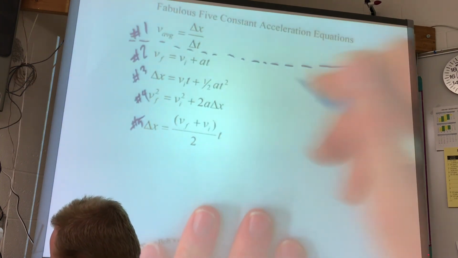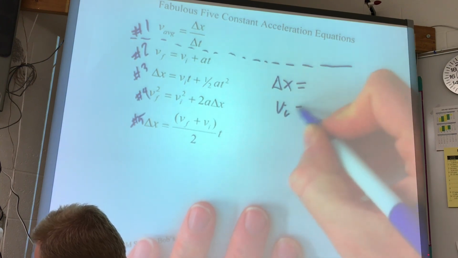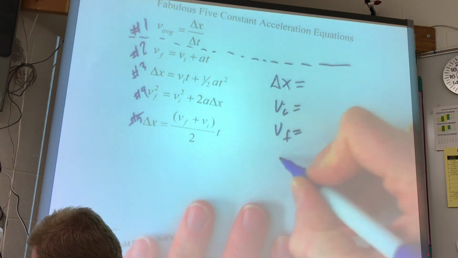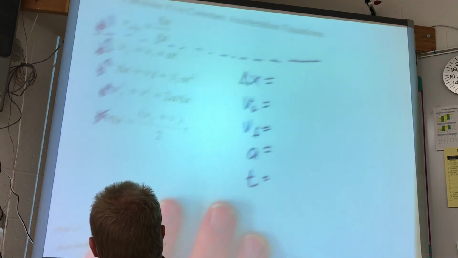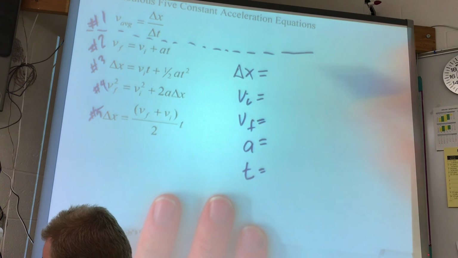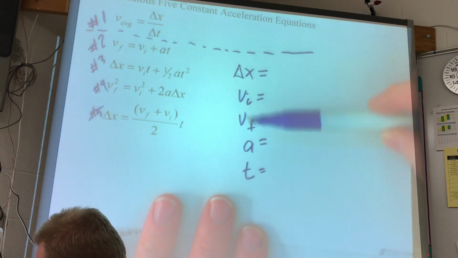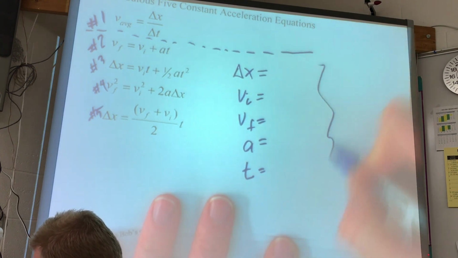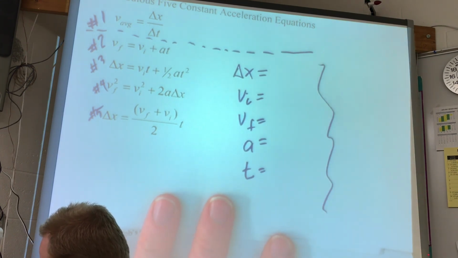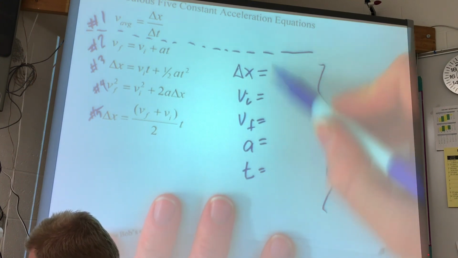Part of my problem solving method is making a list of variables, always in the exact same order, just out of convenience. If the thing is moving in the X direction, I make my list of variables: delta X, VI, VF, A, and T. Then I put numbers in that match. If it was 15 meters, I could say meters was the delta X, and this goes here.